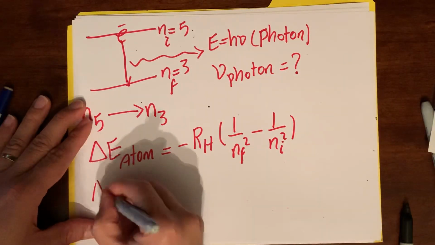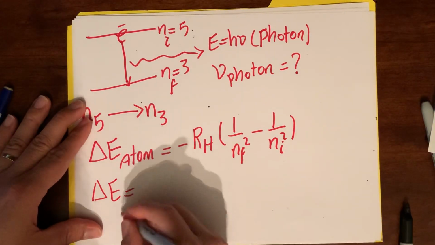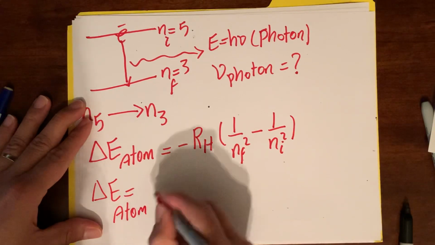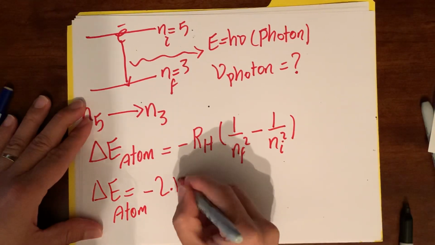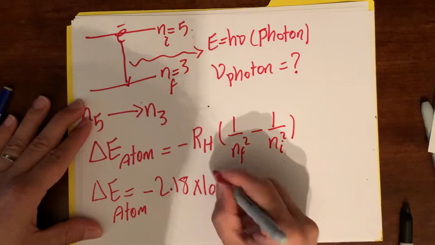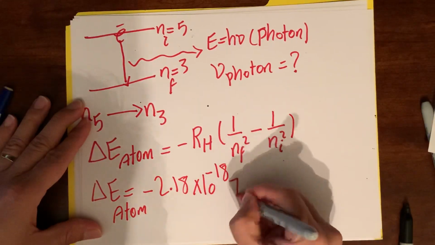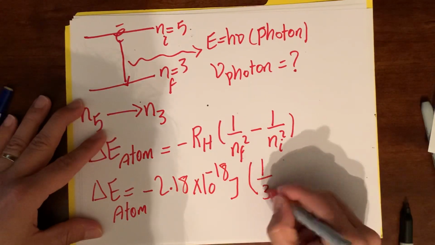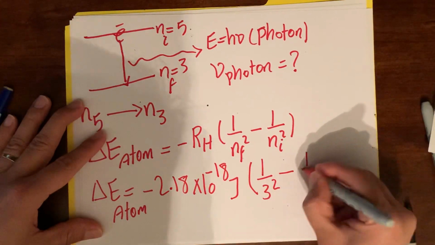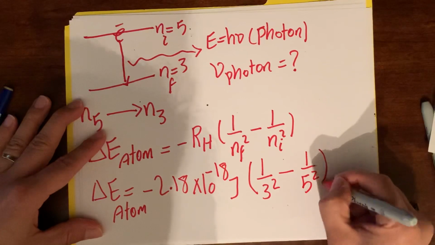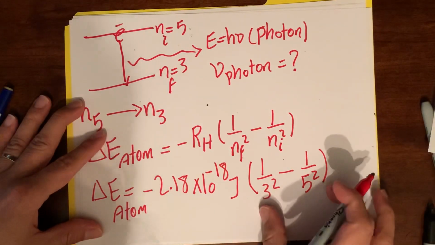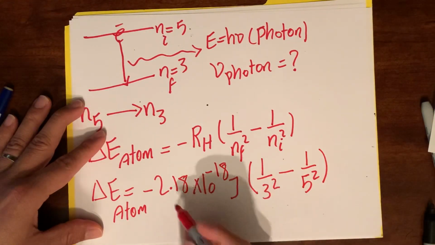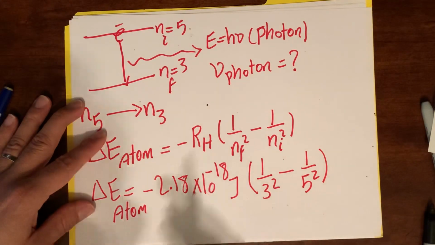So it's going to be delta E equal to minus 2.18 multiplied 10 to the power of minus 18 joule for RH, multiply 1 over 3 to the second minus 5 to the second. There is no unit for this term except the joule for Rydberg. So your final answer will have unit of joule.